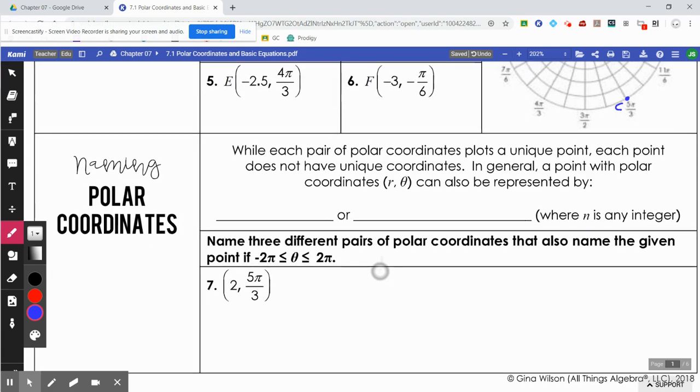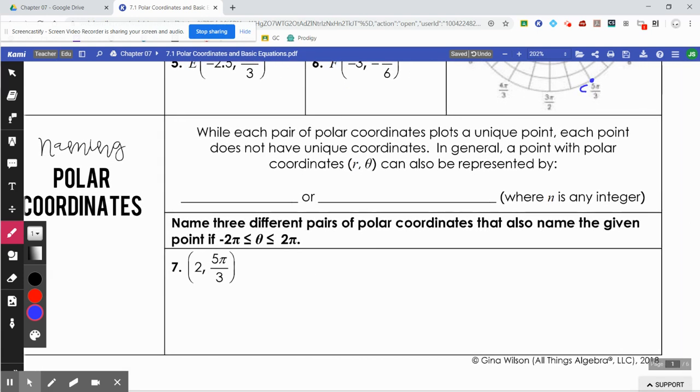Naming polar coordinates. While each pair of polar coordinates plots a unique point, each point does not have a unique coordinate, and you might have seen that in the previous examples because different angles, again, we know coterminal angles will end up in the same place.